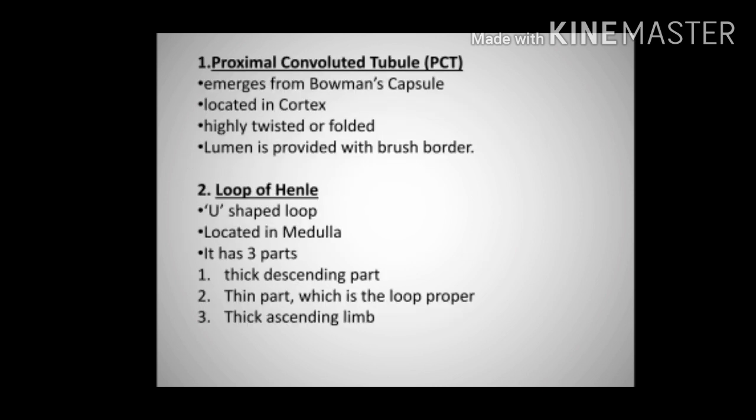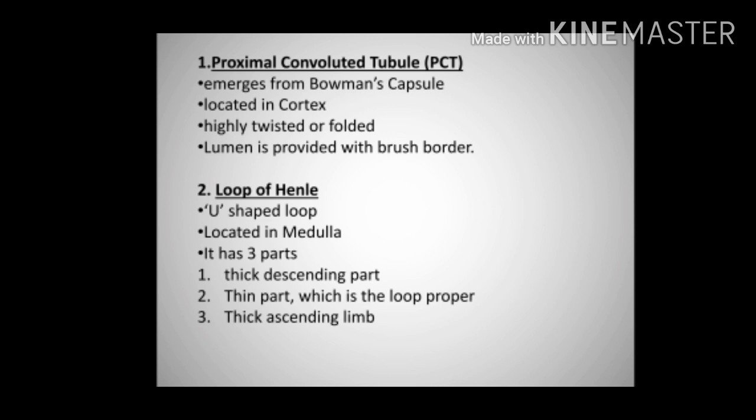Let us quickly understand the three different parts of renal tubule. The first part is proximal convoluted tubule. Here it is made up of three words. Understand the meaning of each word so it becomes easy to remember. Proximal means which is near to the main body. So here the main body of the nephron is the Malpighian corpuscle. So this small tube is near to the Malpighian corpuscle.